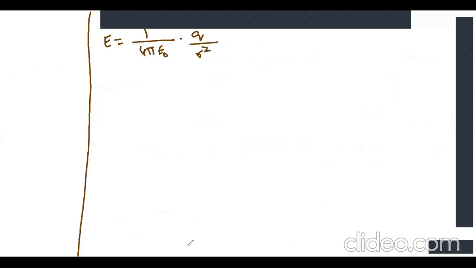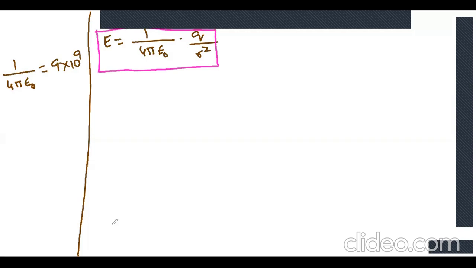The value of 1 by 4 pi epsilon naught is 9 into 10 power 9. Remember this value, it is most important, and you will get it many times.